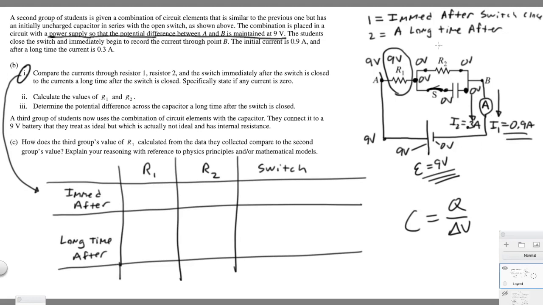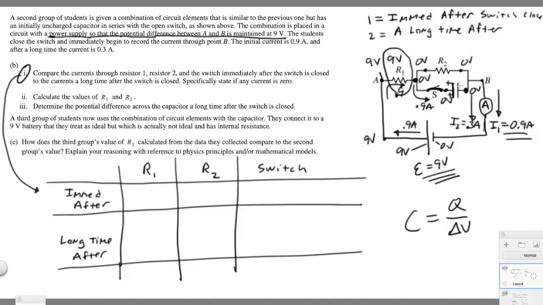If the current in this ammeter is 0.9, that means the current coming out of the battery is going to be 0.9, and then the current coming up here is going to be 0.9, and then the current coming down to the capacitor is going to be 0.9. That current hits the left plate, the charges pile up, that makes the left plate positive.